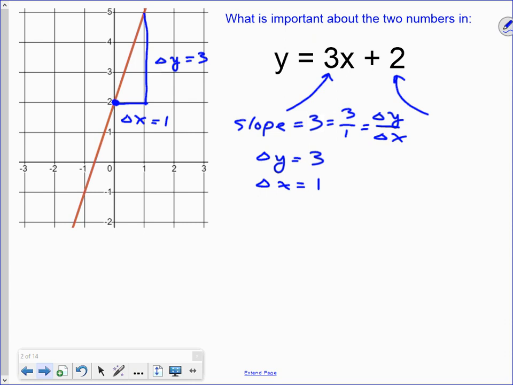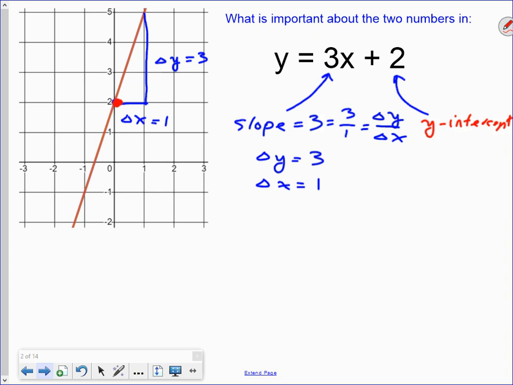Our second number over here is our y-intercept. Okay? Which, if it's 2, is our starting point right here, kind of where this line crosses the y-axis.